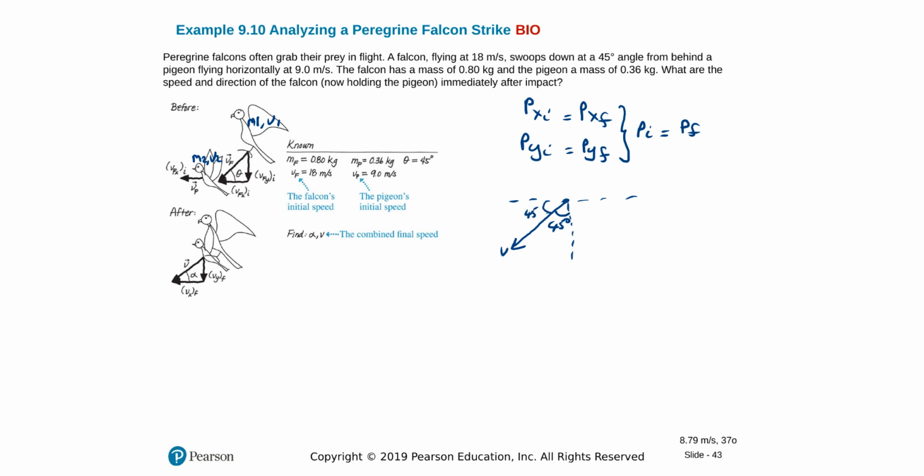And this is v1 initial. If this is v1 initial, p1 initial will be in the same direction, right? So what I can do is find p1 initial, m1 v1 initial, and that will be along this direction. So I'm going to show that in red maybe here, because I'm going to go with momentum.